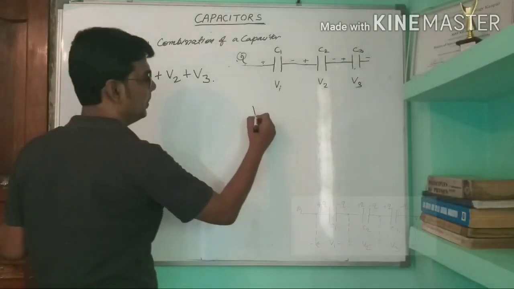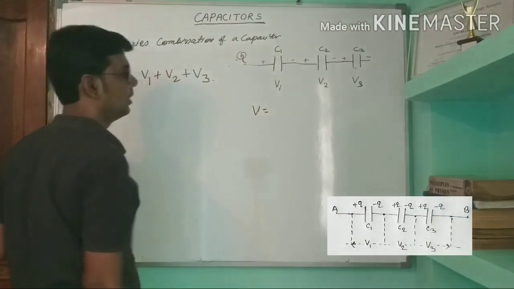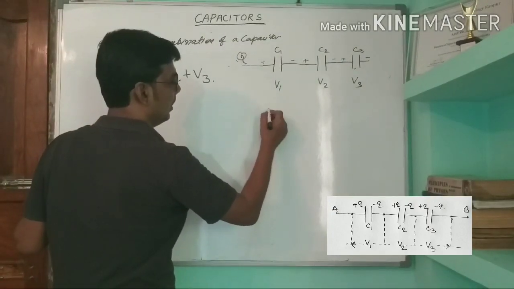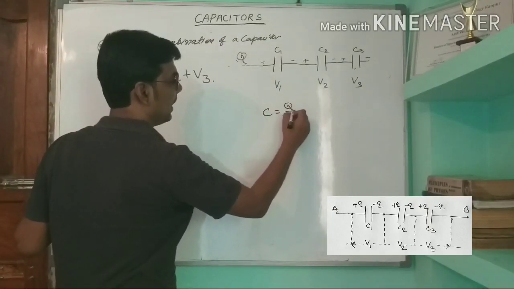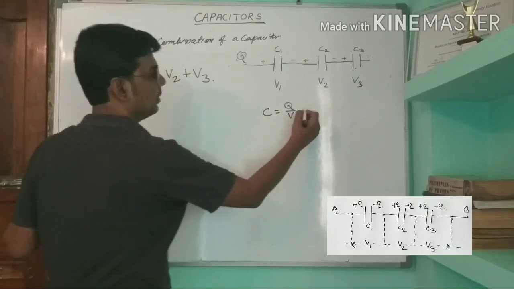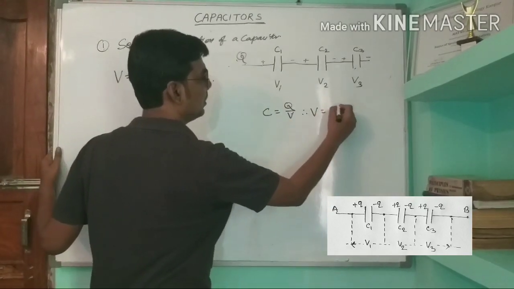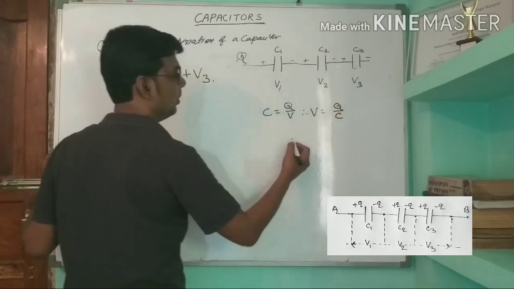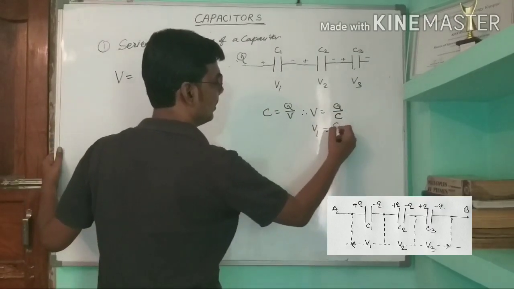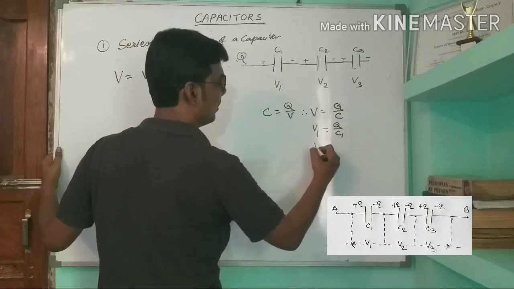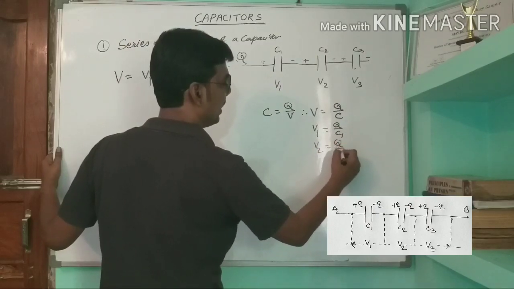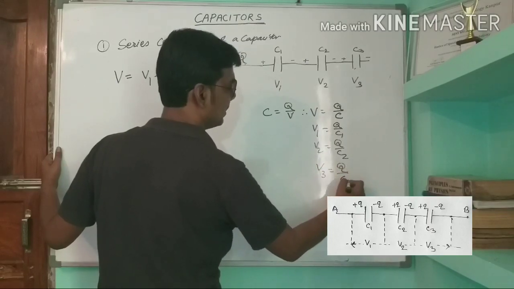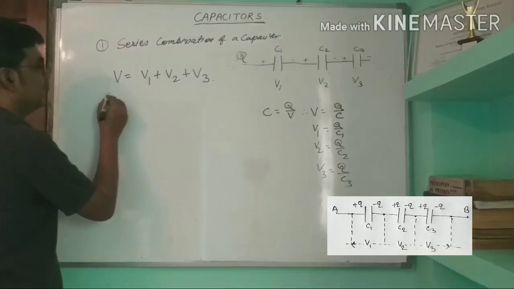We know capacitance equals Q by V. Therefore V equals Q by C. So V1 will be Q by C1, V2 will be Q by C2 and V3 will be Q by C3. Put it here.